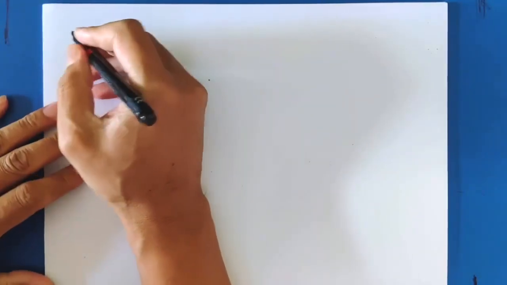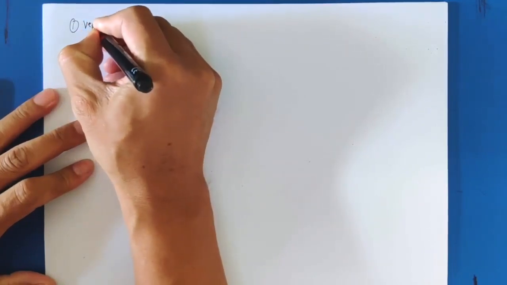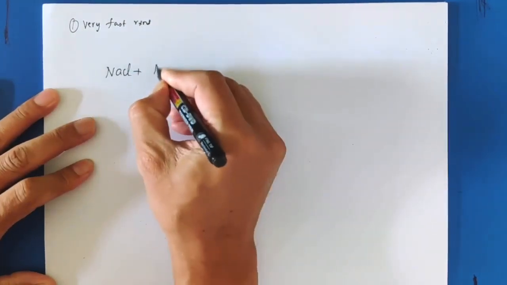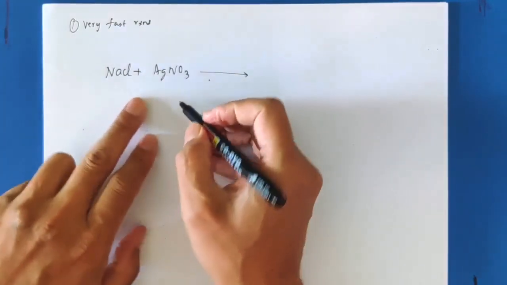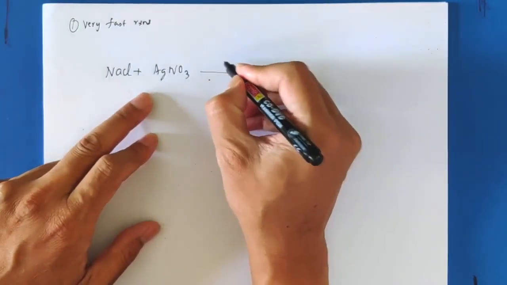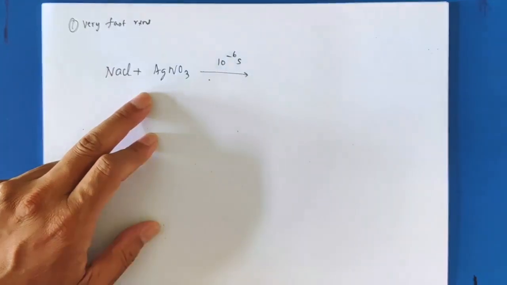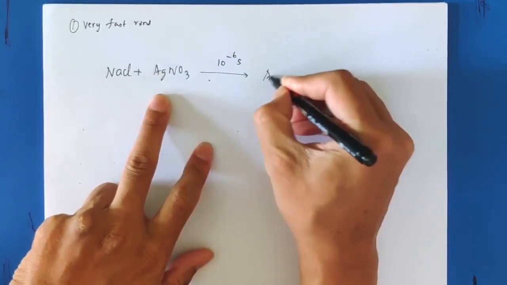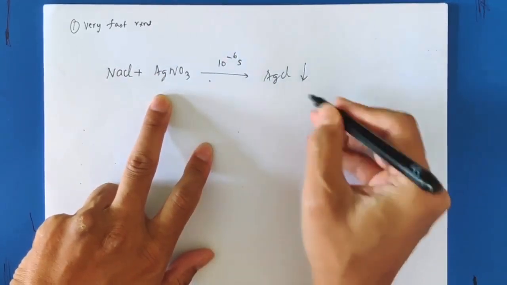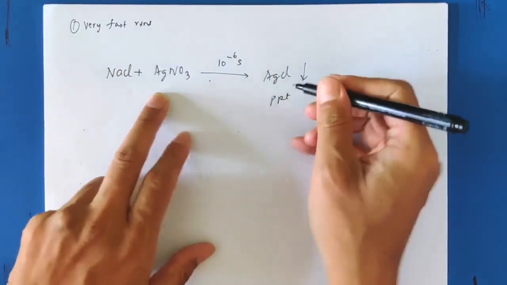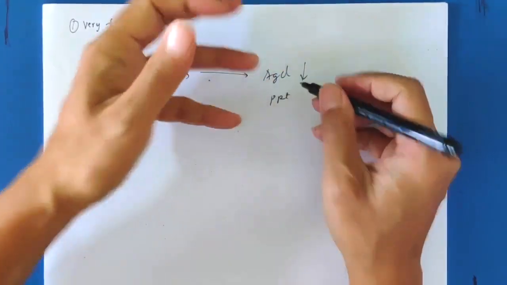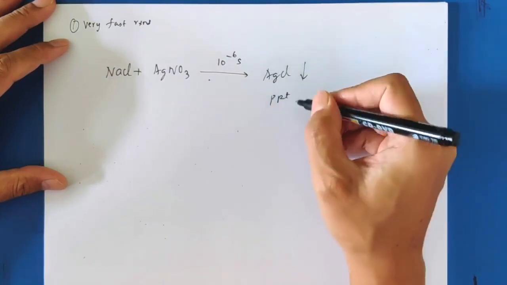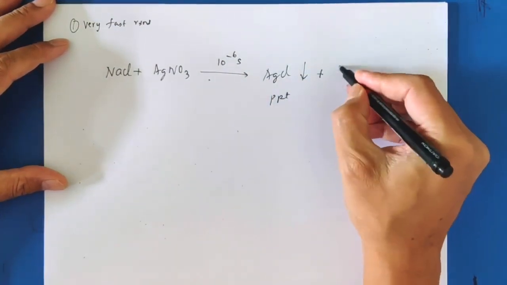Some reactions are very fast. For example, sodium chloride plus silver nitrate in a test tube reacts in a microsecond, 10 to the power minus 6. What happens? Silver chloride, AgCl, precipitates out as a PPT, a precipitate, and the byproduct is NaNO3.